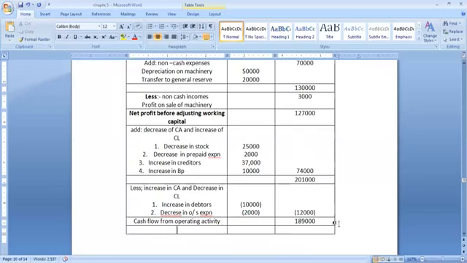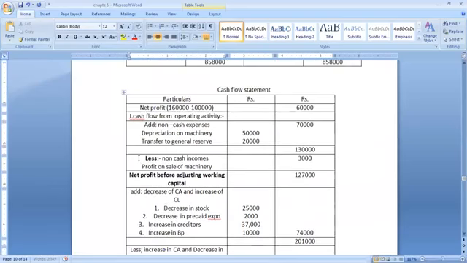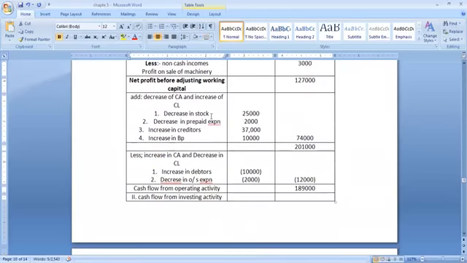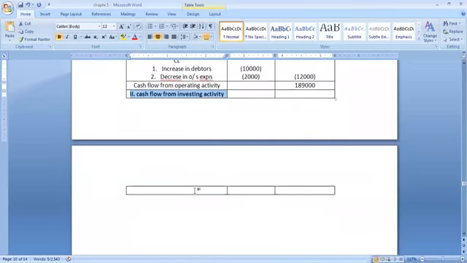Here now record the second information, that is cash flow from investing activity. Here, very important: cash flow from investing activity. Here you will record the purchase and the sales information.